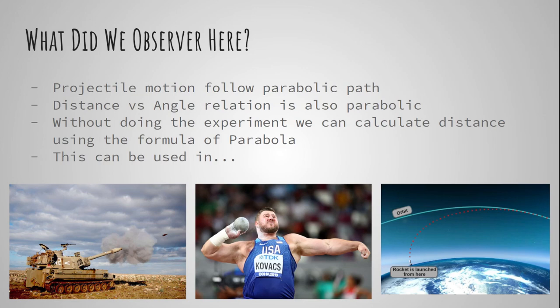Let's take one more example from an Olympic game called shot put, where the player has to throw a heavy ball at the maximum distance it can go. Here also we need to throw the ball at 45 degrees, same as we saw in javelin throw, to get the maximum distance. Let's take an interesting example of satellite launch using GSLV or PSLV launch vehicles, or sometimes called rockets.